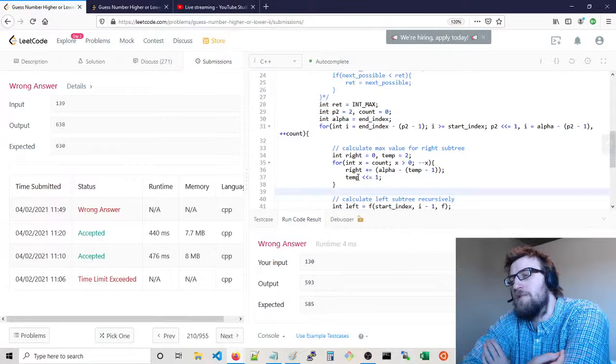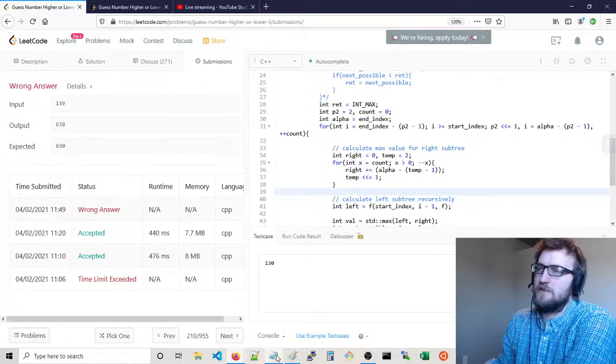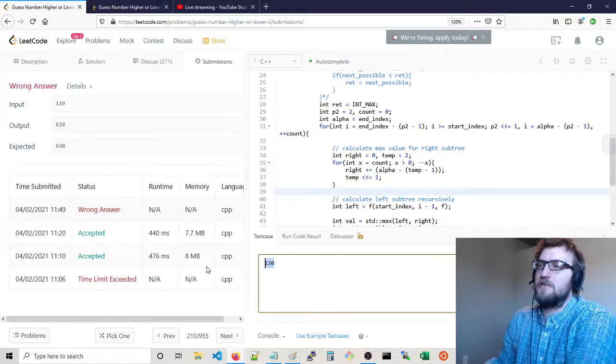What I want to do is find a test case where this fails that's relatively small, right? Is there something between like 20 and 100 that I can find?